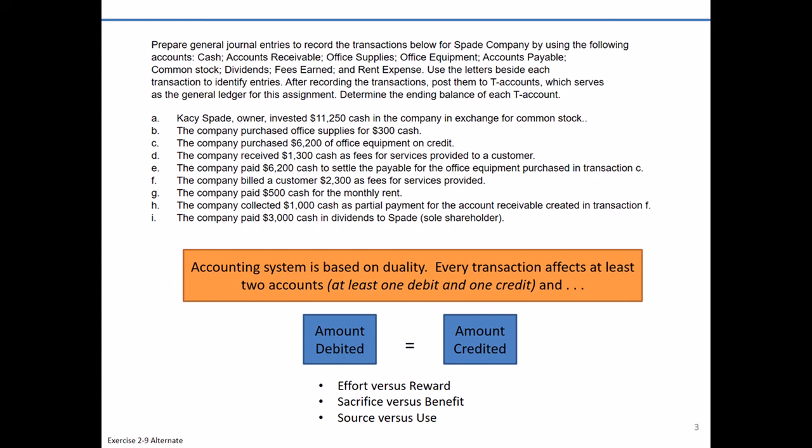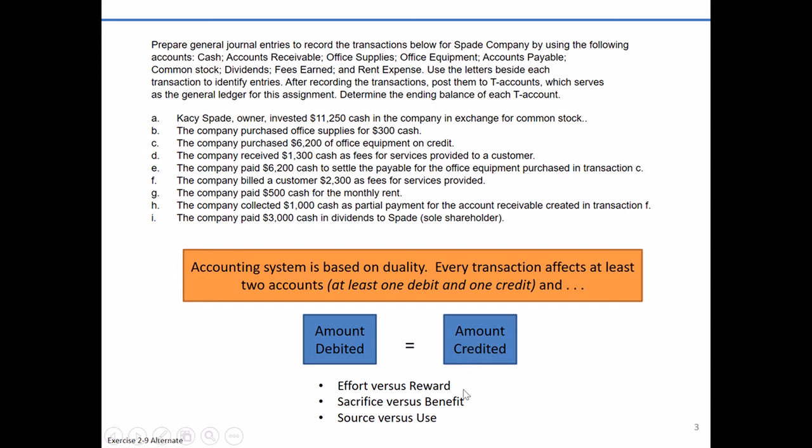The minimum is going to be 2. And of those 2 accounts, at least one has to be debited and at least one has to be credited. Again, duality, we've got to have balance here in order to keep our accounting equation in balance. Also, to keep our accounting equation in balance, the total dollar amount debited has to equal the total dollar amount credited. So every transaction, these 2 different rules have to apply.